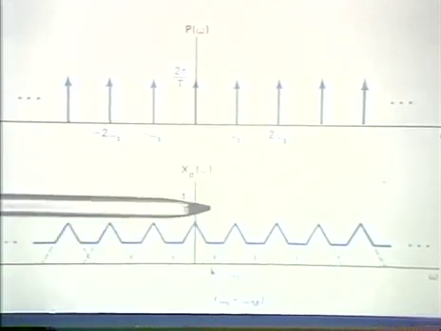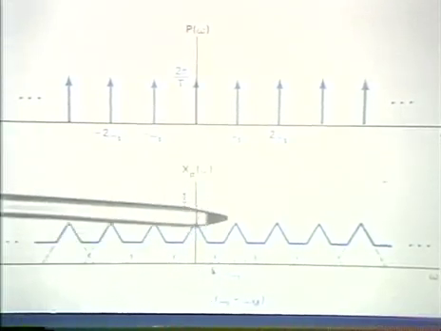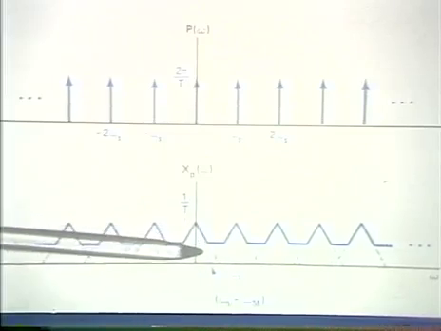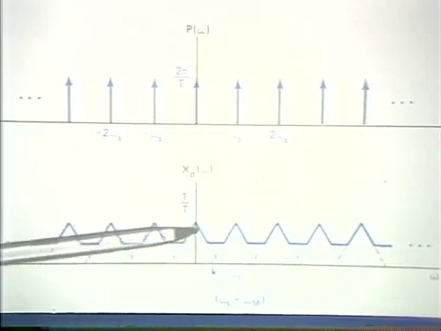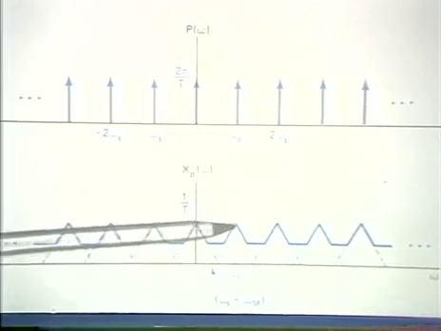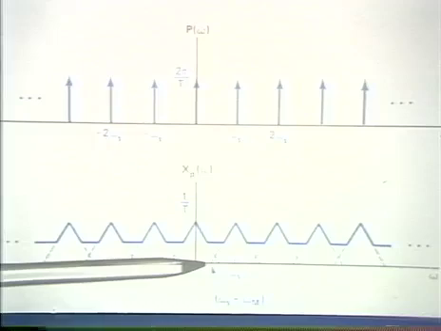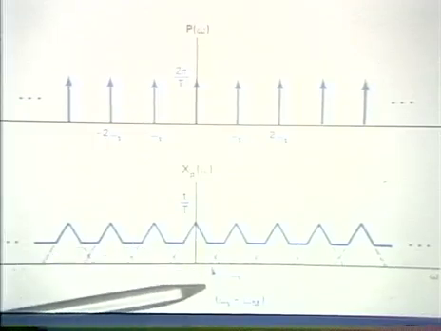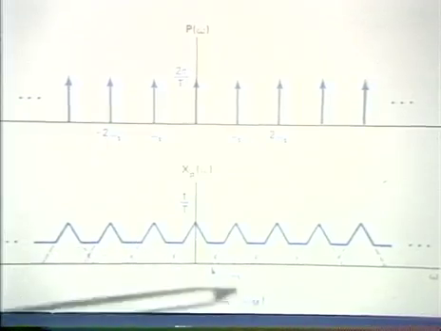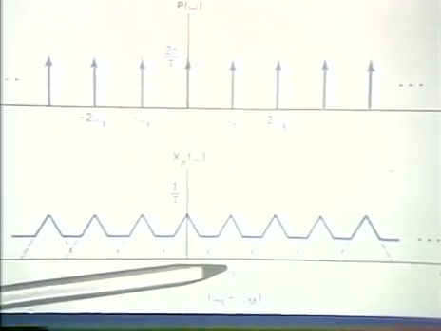As you can see, if we tried to pass this through a low-pass filter to recover the original signal, in fact, we won't recover the original signal since these individual replications have overlapped. And this is the case where omega sub s minus omega sub m is less than omega sub m.